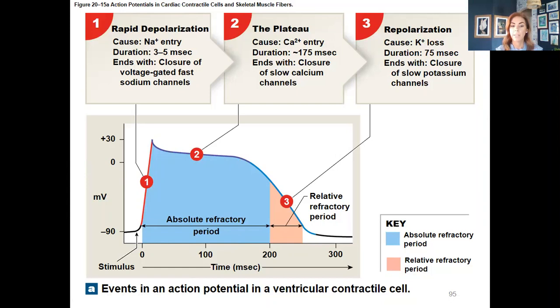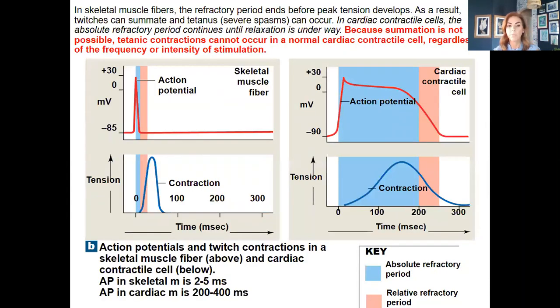So keep in mind that whenever we're looking at the autorhythmic cell, it has pacemaker potential, it has gradual depolarization, it has a membrane potential around -60 millivolts. This is not the same as what you're looking at right here, okay?